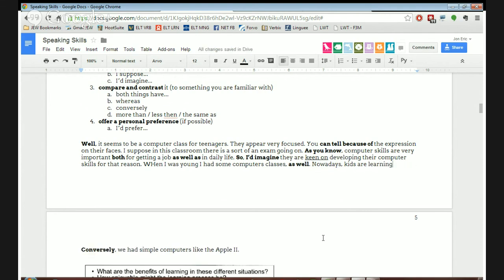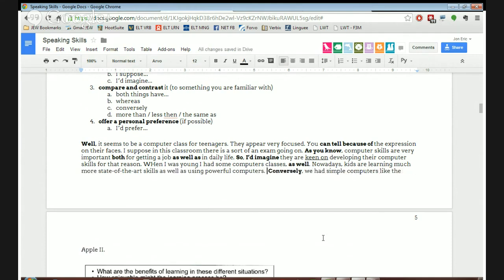Nowadays, kids are learning much more state-of-the-art skills as well as using powerful computers. Conversely, we only had simple computers like the Apple II and learned... What did you learn on the Apple II?